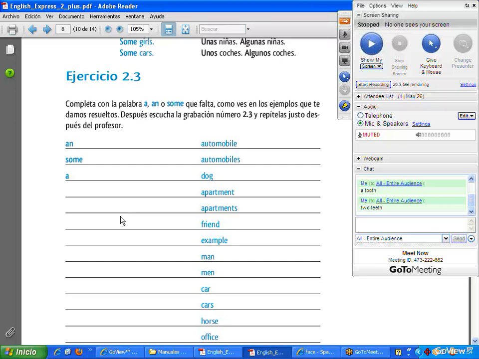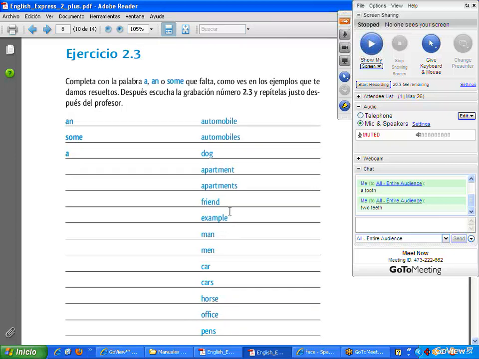Example, singular, starts with a vowel. An example. Man, singular, a man. Men, plural, some men.